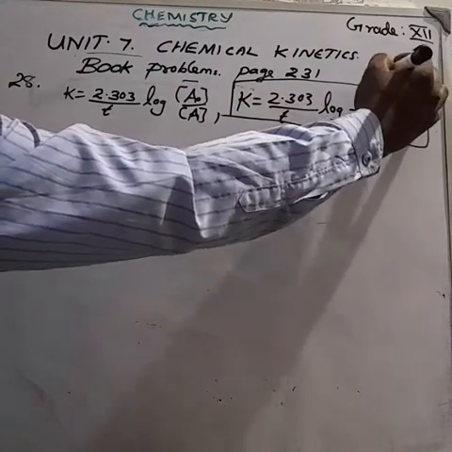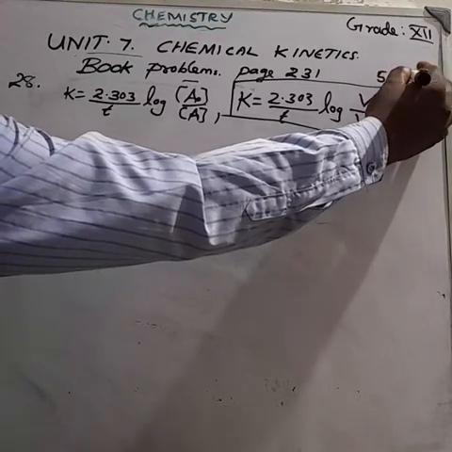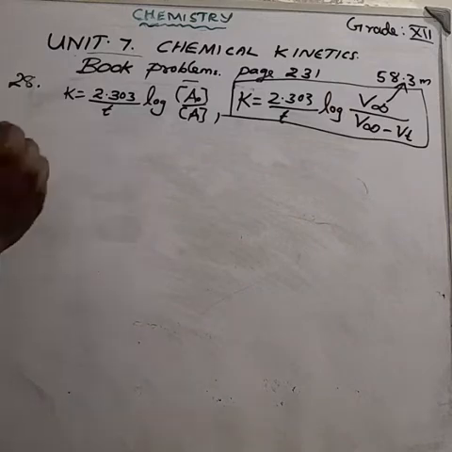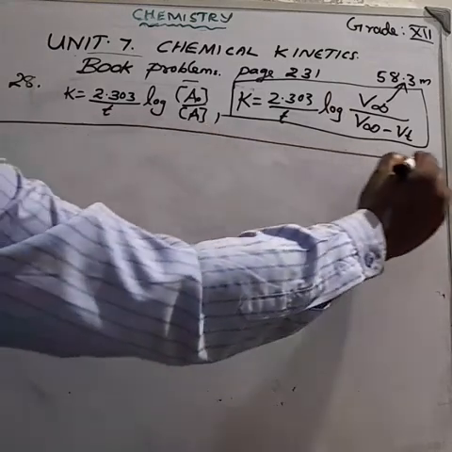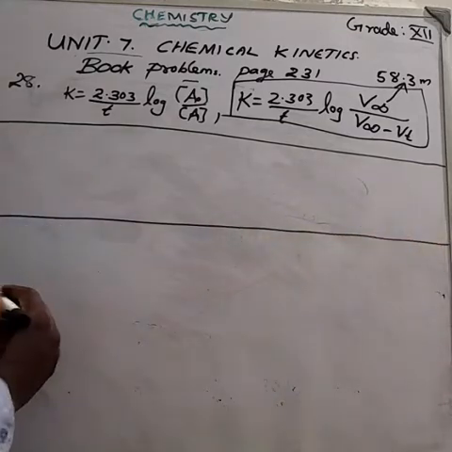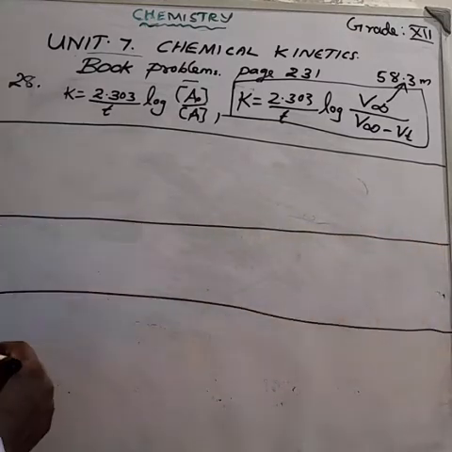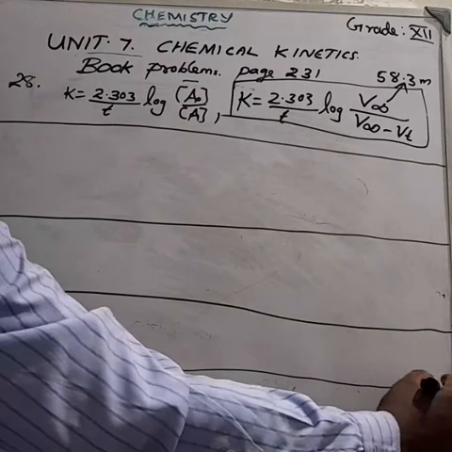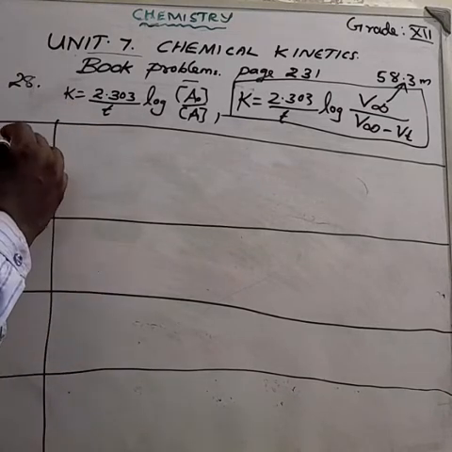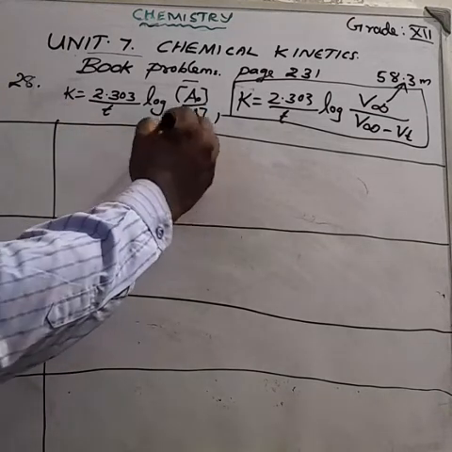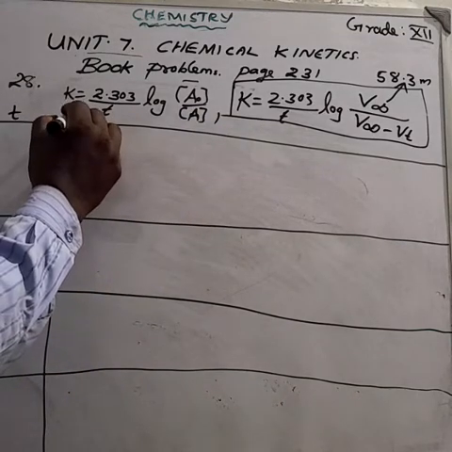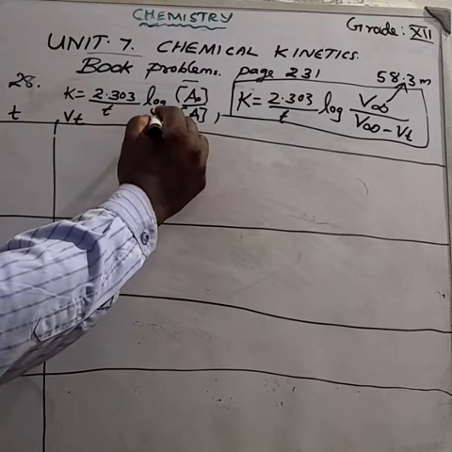V infinity is equal to 58.3 ml. That is final. Next we have to make it in a tabular column. First column T minutes, second Vt, third V infinity minus Vt.